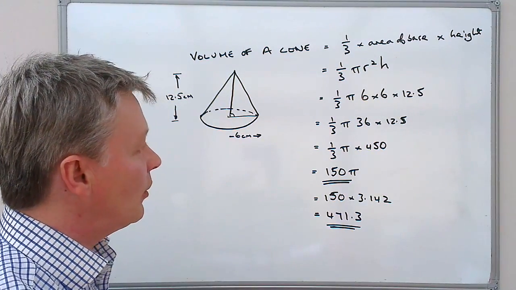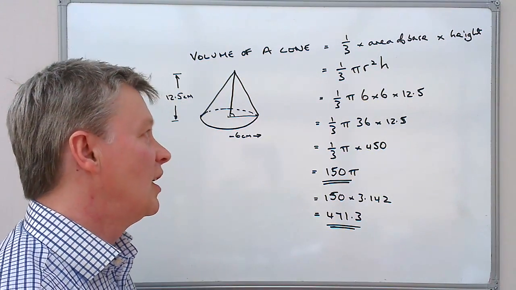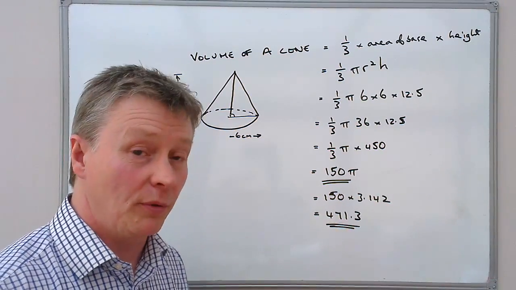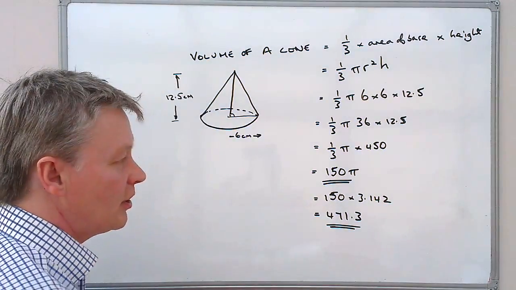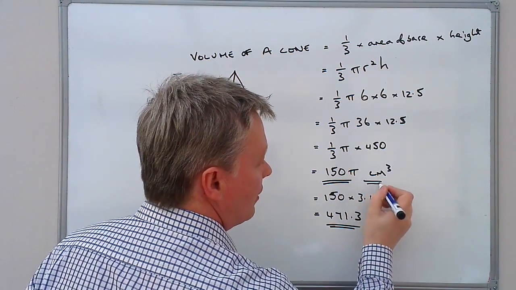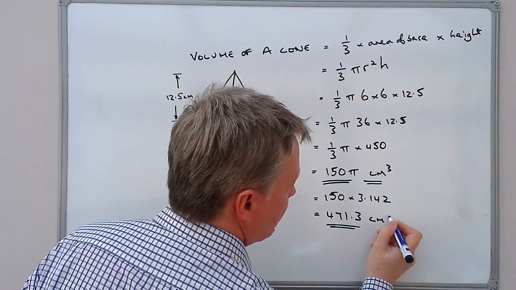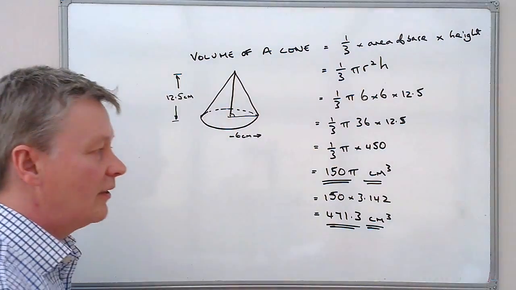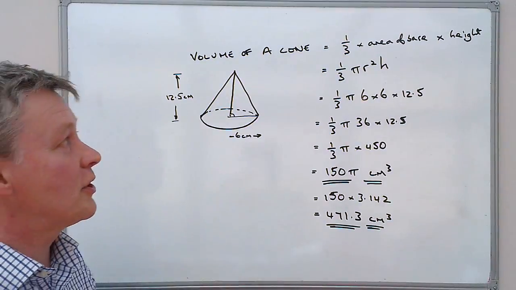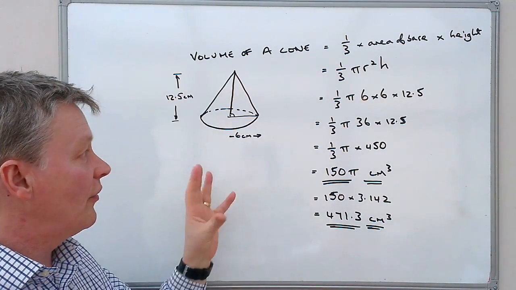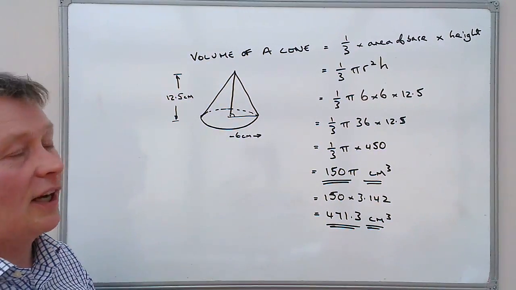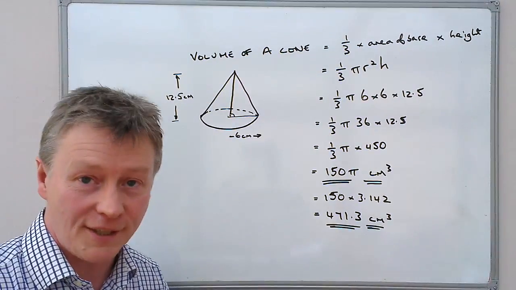With these type of questions, there may usually be 4 marks, and 1 mark will probably be allocated for making sure that you write centimetres cubed in there and centimetres cubed in there. So those are my values to answer this question for the volume of this particular cone, with a radius of 6 and a perpendicular height of 12.5 centimetres.